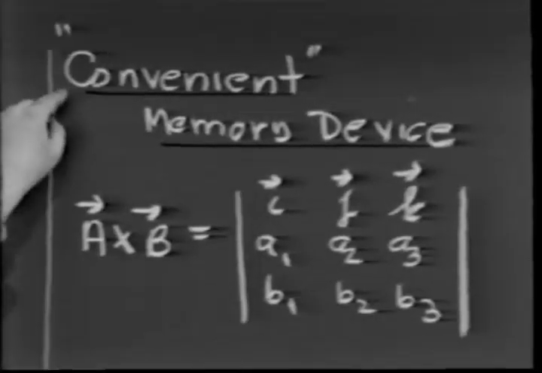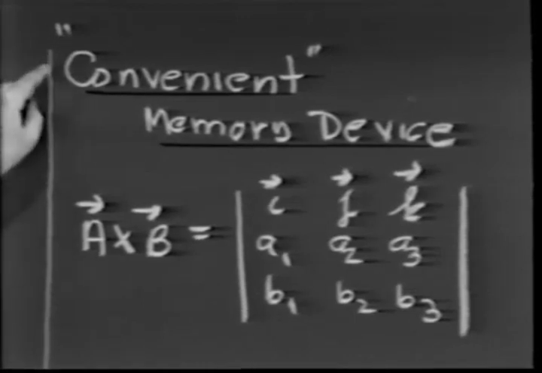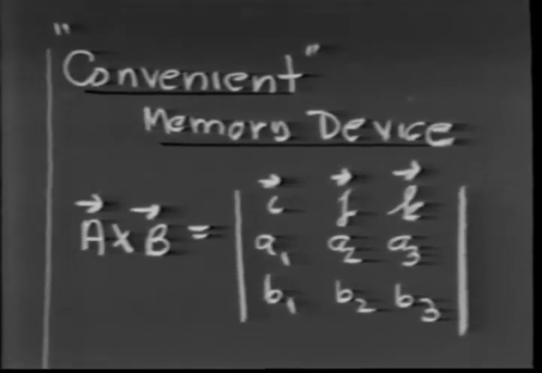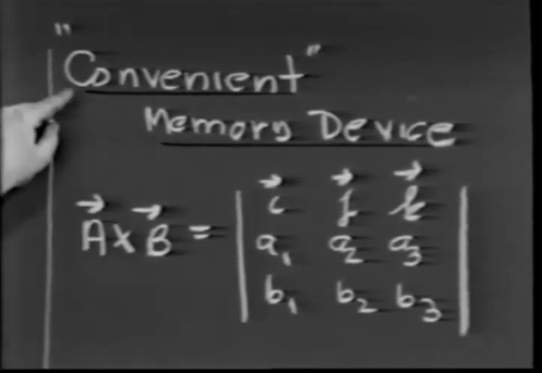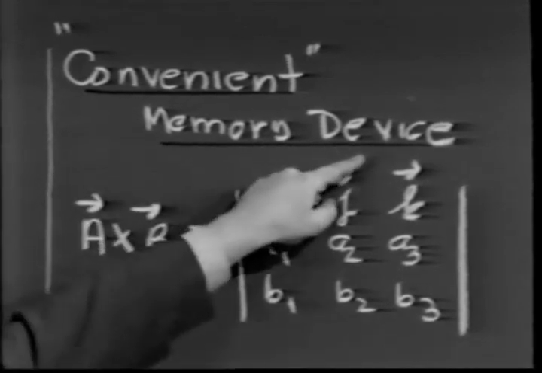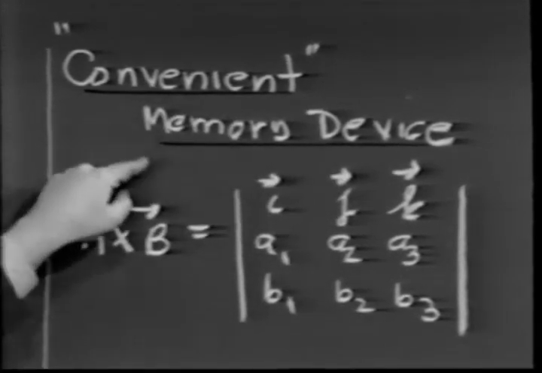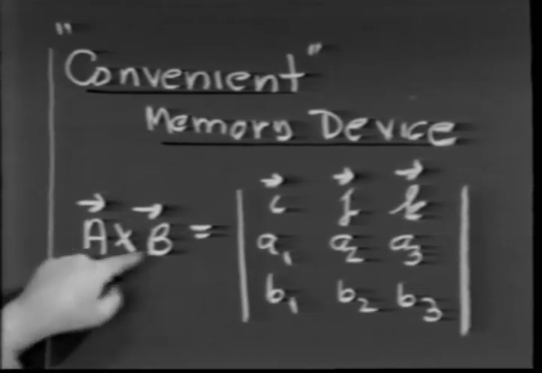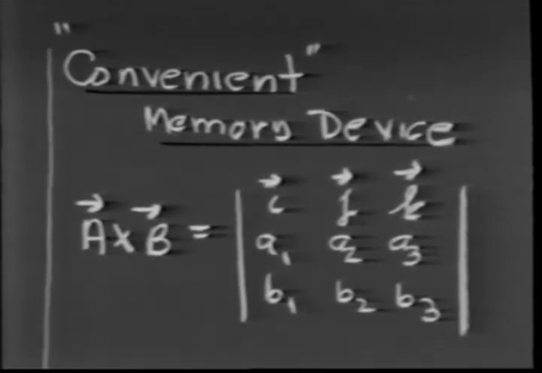I put convenient in quotation marks to emphasize to you that this is convenient only if you already know determinants. If you don't know determinants, this is not only not convenient, but it's frightening. We're always frightened of things that we don't understand too well. And I call it a memory device because you do not have to have determinants to remember this particular result.